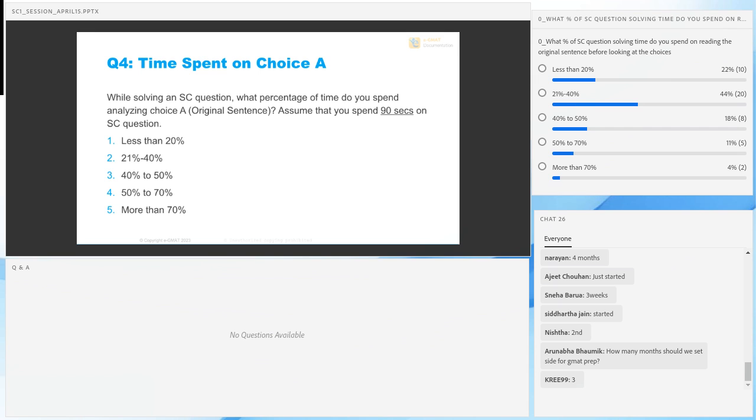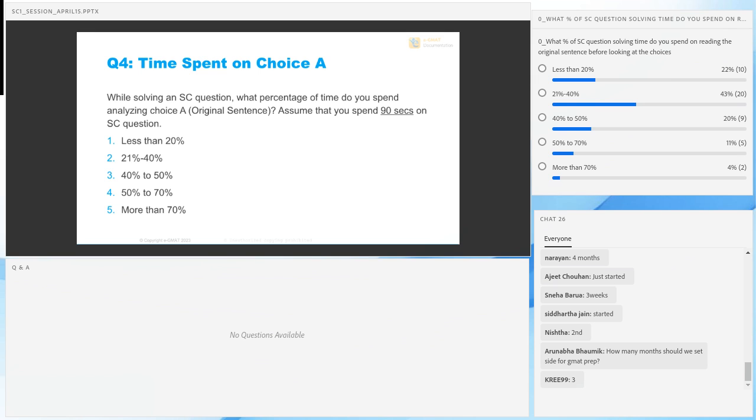So only 15% of the class, that is people who have selected choices D and E, 50% to 70% and more than 70%, only 15% of the class today spends more than 50% of their time on analyzing choice A. So that is the aspect that we need to shift.